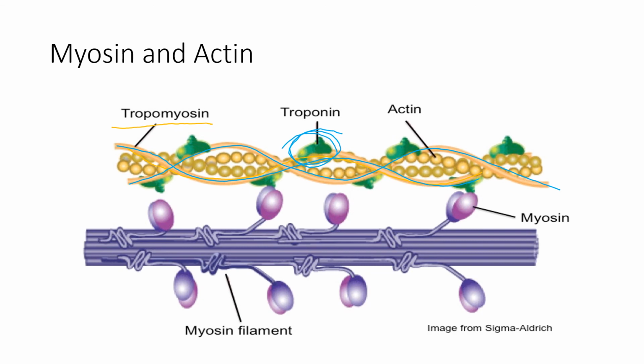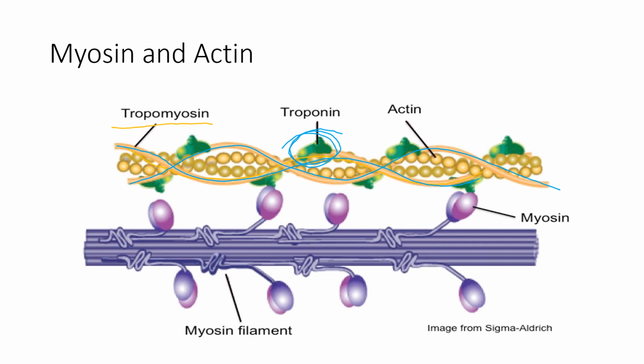Then we have troponin. So troponin actually has a couple different jobs. So when in the relaxed state, when we have tropomyosin over that active site, troponin binds to the tropomyosin, keeping it in place over the active site on the actin.